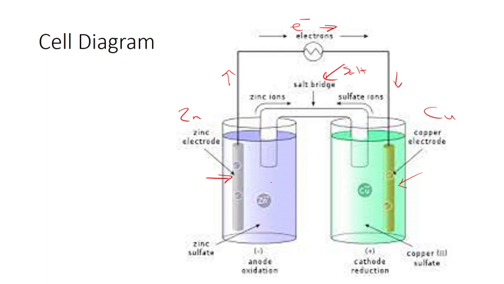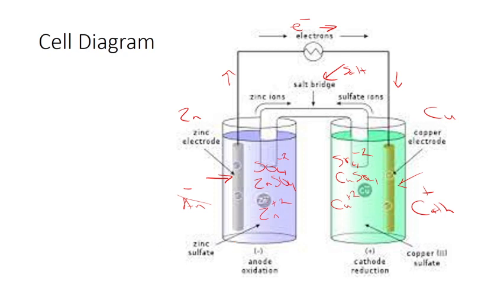In this one, you have zinc sulfate. Over here, you have copper sulfate. So basically that means we have zinc ions and sulfate ions, and over here we have copper ions and sulfate ions. And so you have your cathode over here, that is the plus, and you have your anode over here, which is the negative.